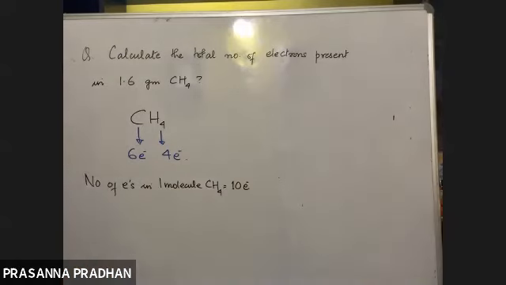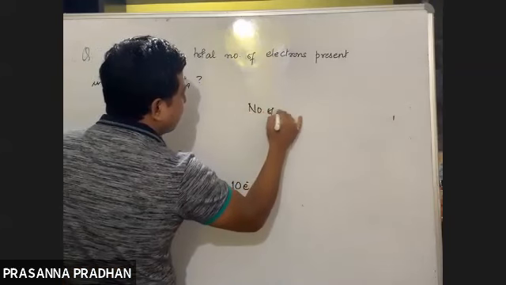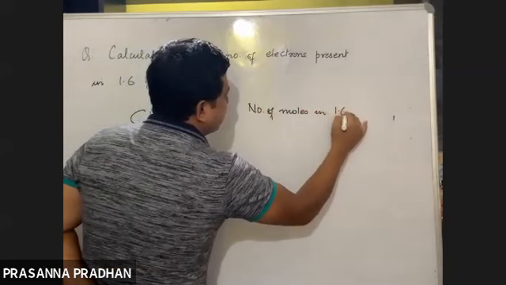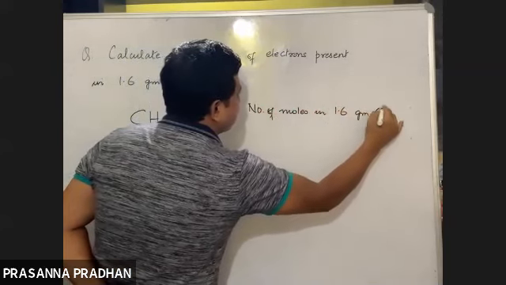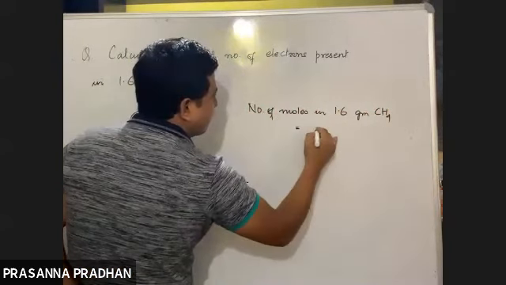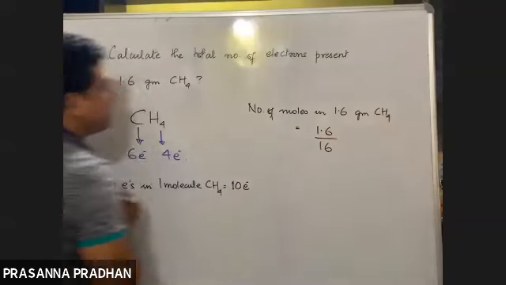Okay. Now how will you do it? Let us first find out the number of moles in 1.6 gram of methane. Which formula are we going to use? Given mass divided by molecular mass. What is the molecular mass of methane?